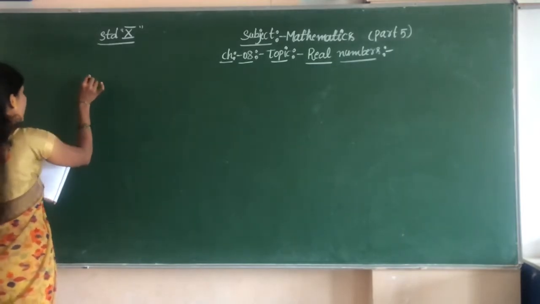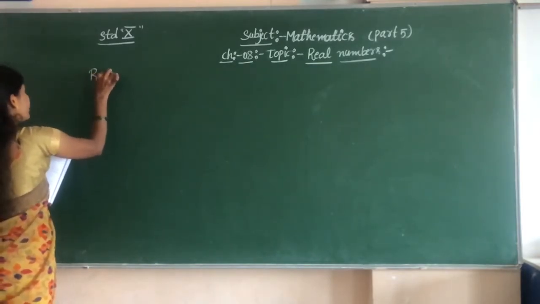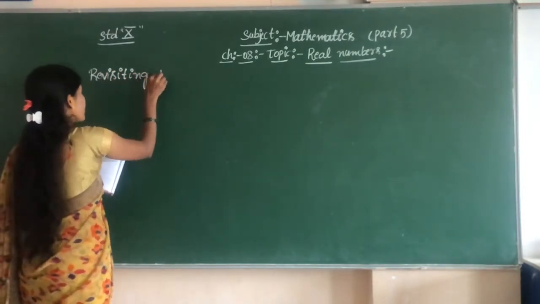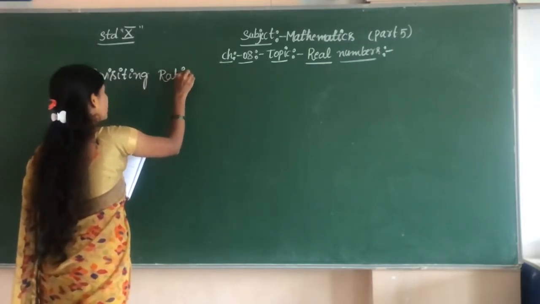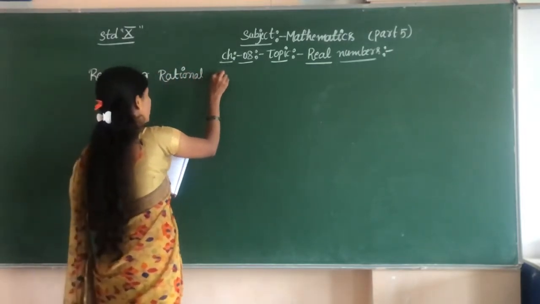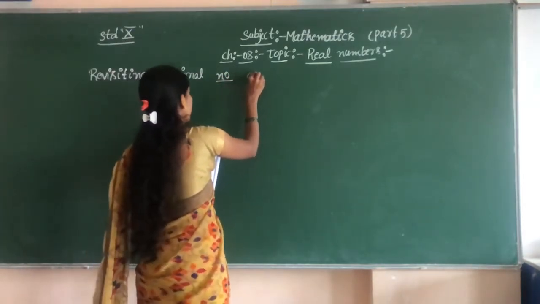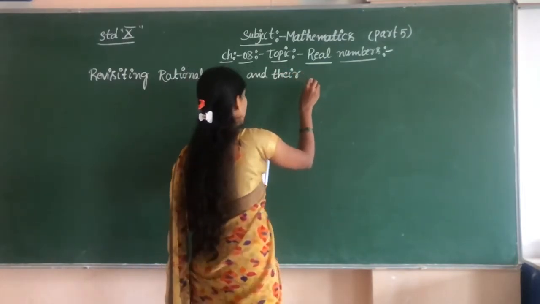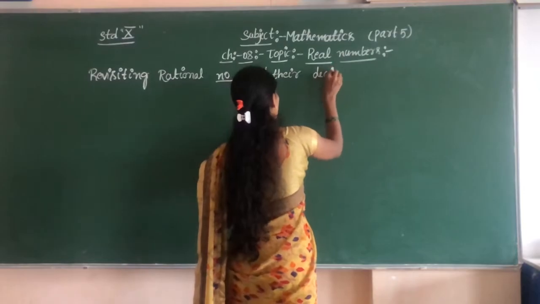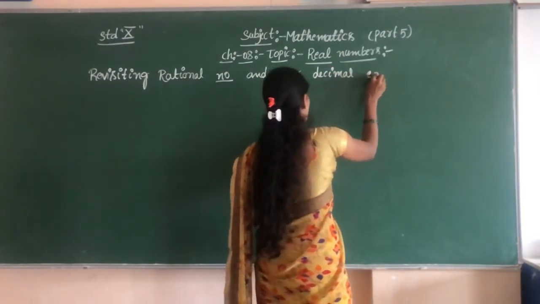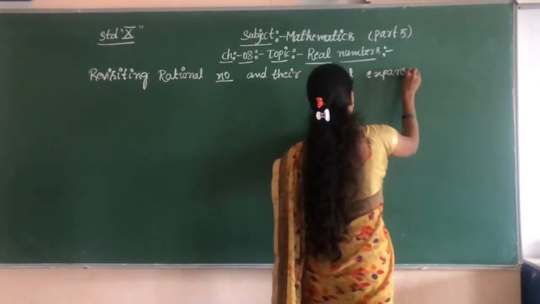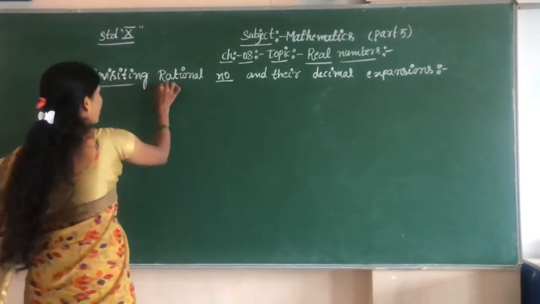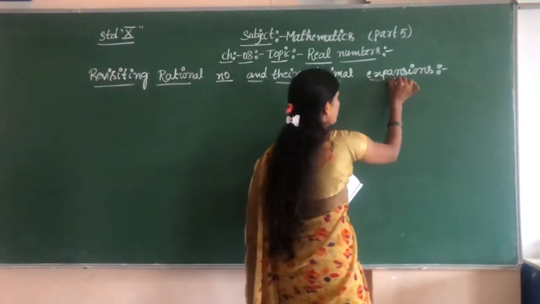So we should write the heading: Revisiting rational numbers and their decimal expansions.